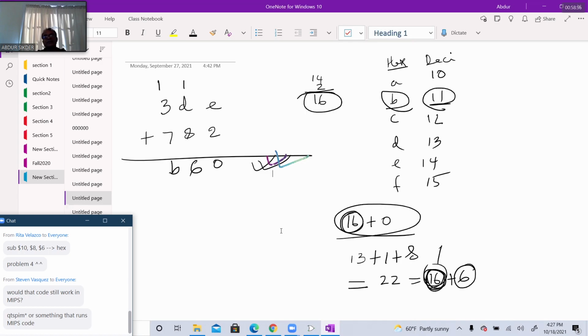And then 3 minus 7, you cannot do that, so this will not work for subtraction. It has to be different numbers, because you subtract from the larger number to the smaller number.